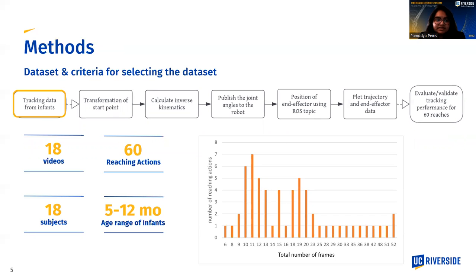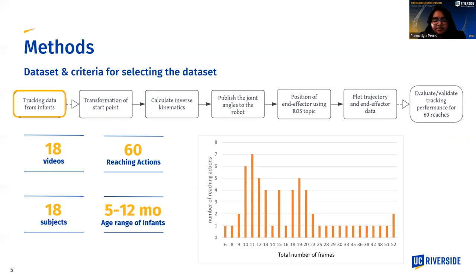My data set includes 18 videos and 18 infant subjects with 16 neurotypical subjects and 2 neurodivergent subjects. I'm using only 60 reaching actions, but currently we have about 437 reaching actions.